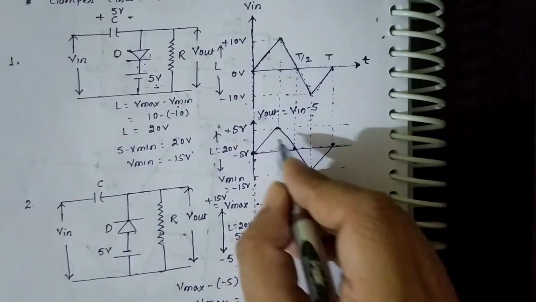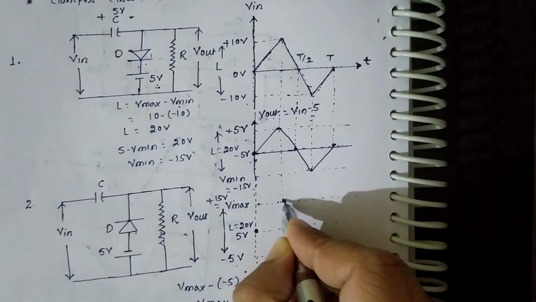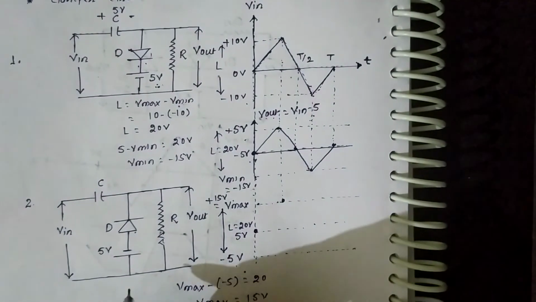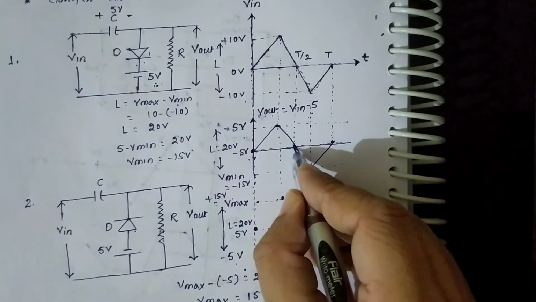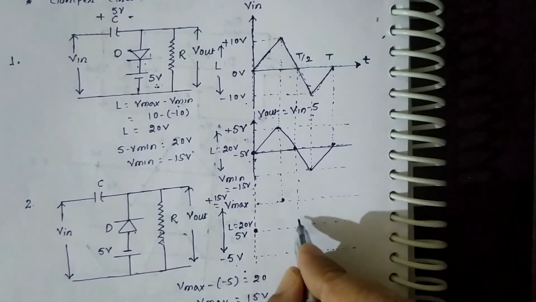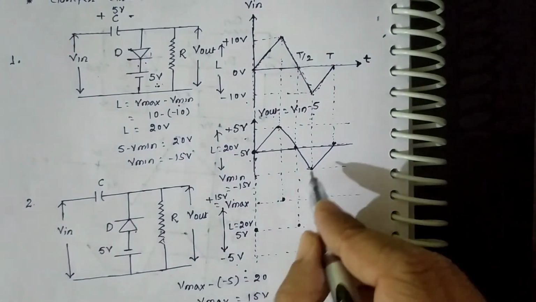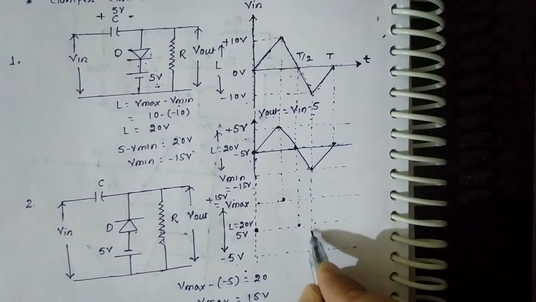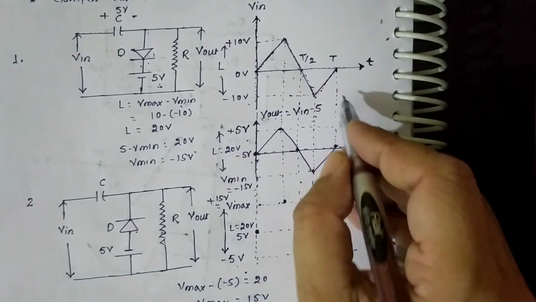This plus 10 volt of the input will be at plus 15 volt at the output, and this minus 10 will be at minus 5 at the output.